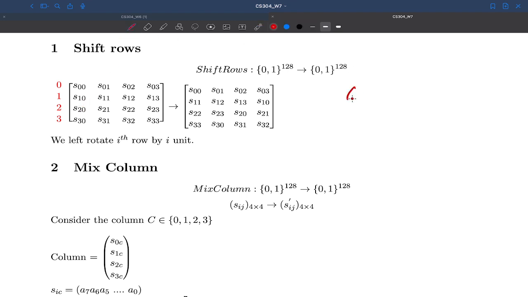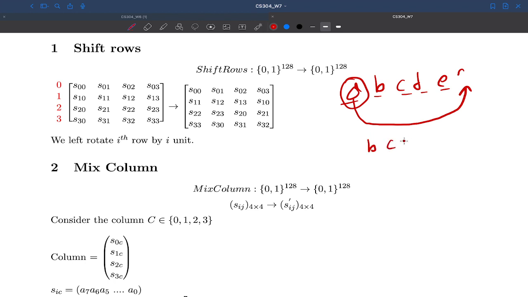Let's say I have these four elements, A, B, C, D. What do you mean by left rotating this row by 1 unit? That means take the first element and move it to the last position. What will be the new order?